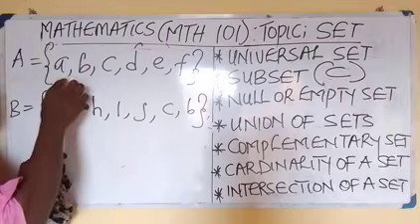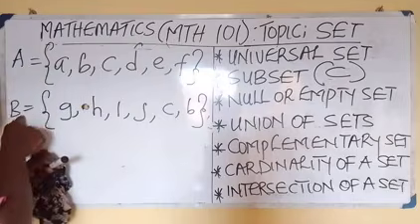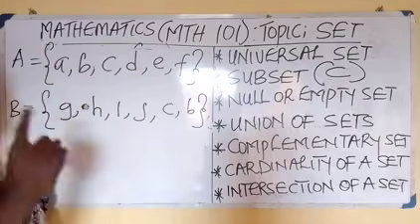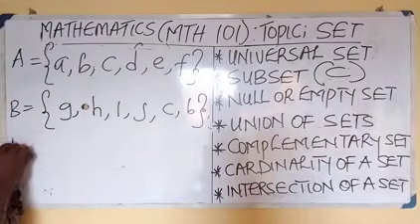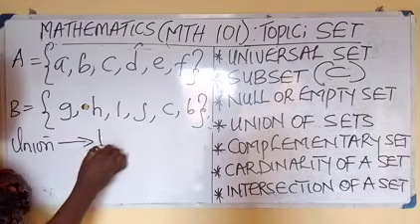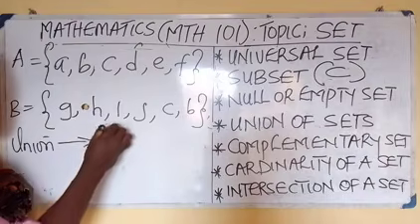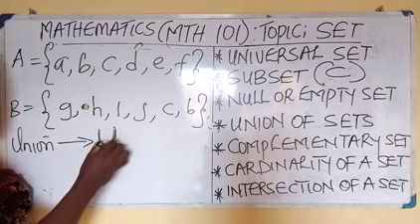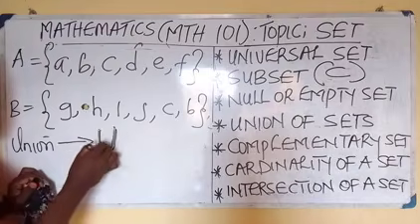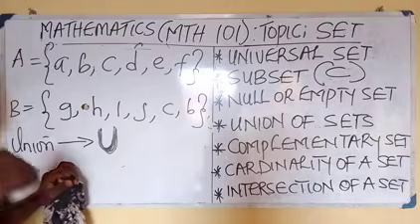That is, if I'm having A, B, C, D, E, and F, and I'm combining this with this, it means that none of these elements should be repeated twice. Now the union of a set is noted using this sign. Alright, when you see this sign in sets, they'll ask you for the union of the sets.